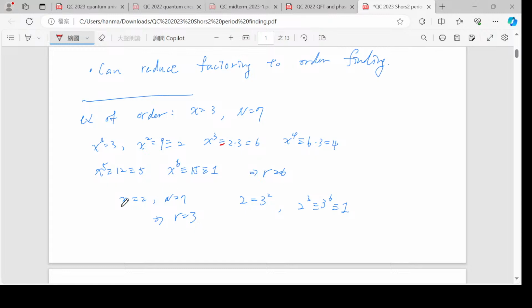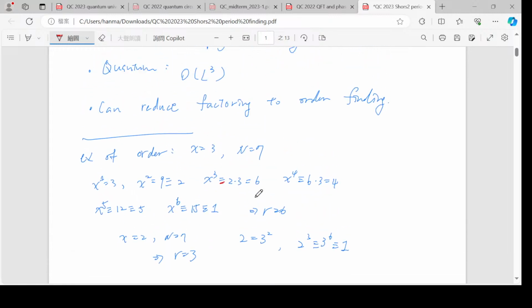And then if we change x to other numbers, say x equal to 2, and n is still 7, then we'll have a different r, because 2 is actually like 3 squared, so 2 squared is 4, and 2 to the 3 will be equal to 1, etc. So that's an example of order.